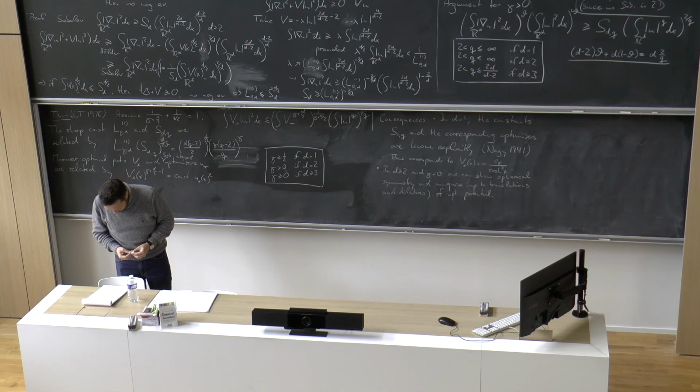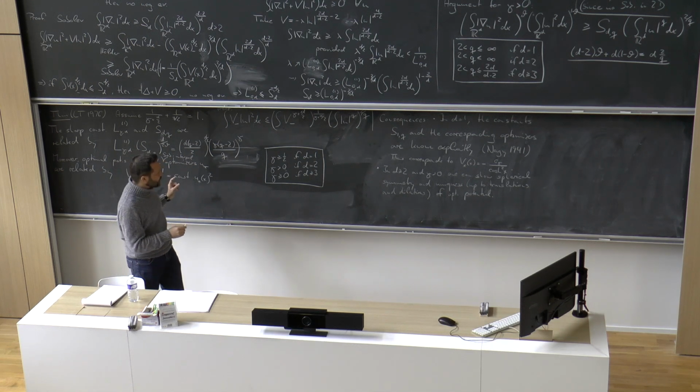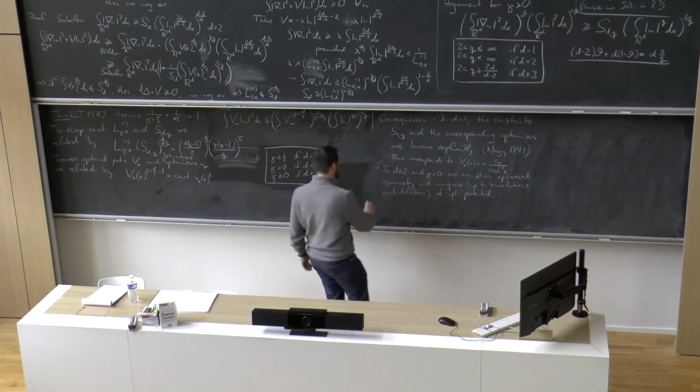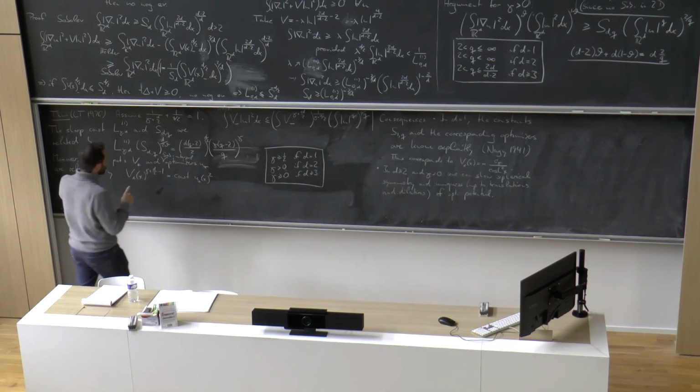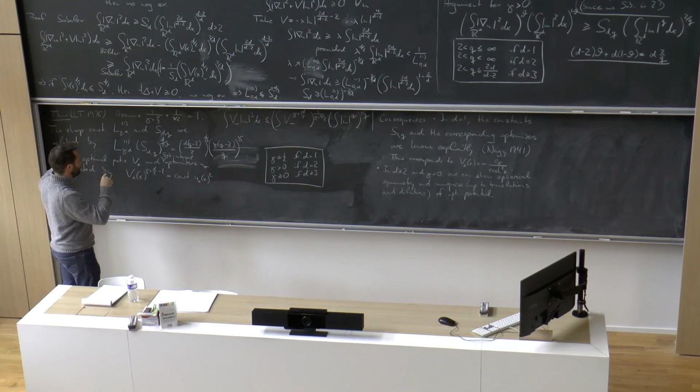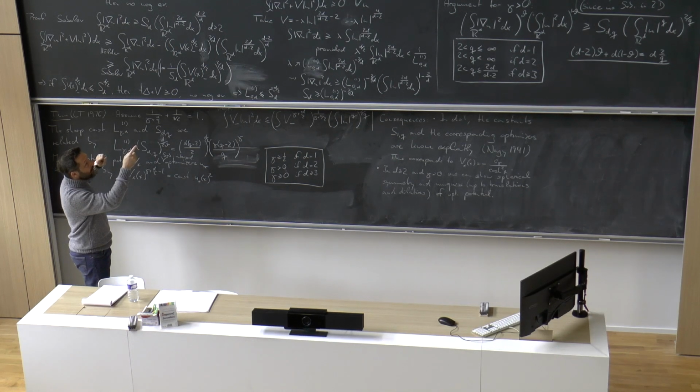Anyway, what else did I want to say? Perhaps I should comment on it. Let me just say it in words. When d is equal to 1 and gamma is equal to 1/2, that was when we had the L1 norm.